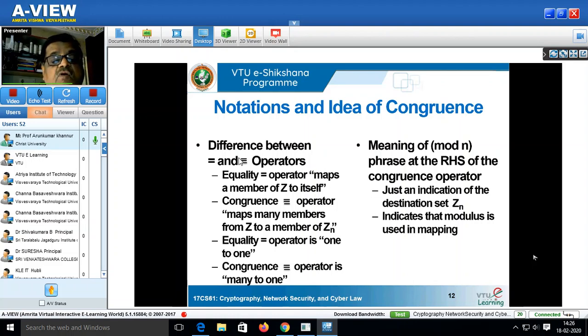Now, the equality operator maps a member of Z to itself. Means when we use the operator and apply it on operands, for example 2 plus 3, then the value we get is 5. This 5 also belongs to the integer set. 5 minus 7.